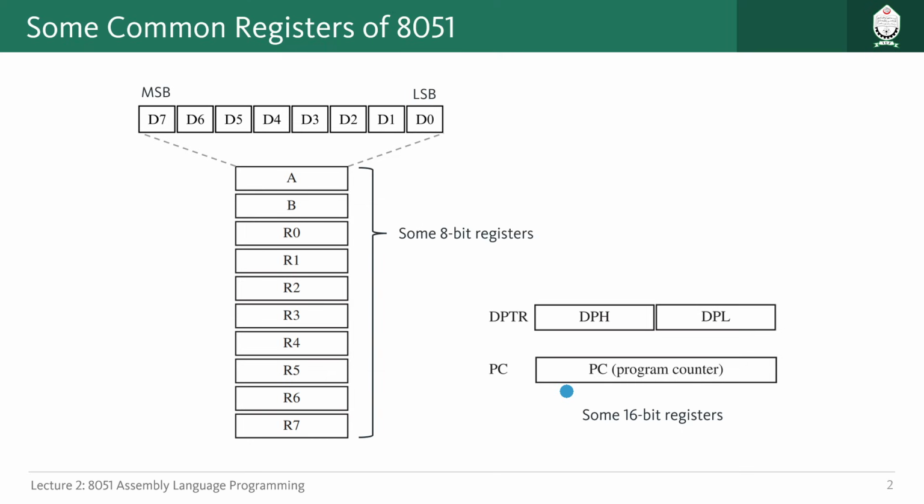Like for example, we already know about the program counter. That was a 16-bit register because we could actually address up to 2 to the power 16 different locations in our memory, that is ROM, right?